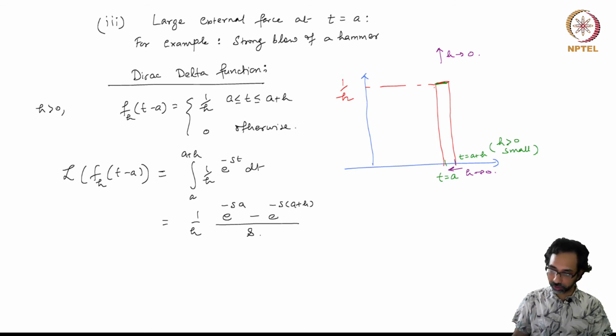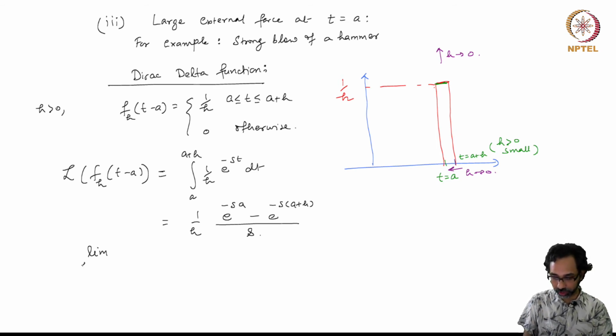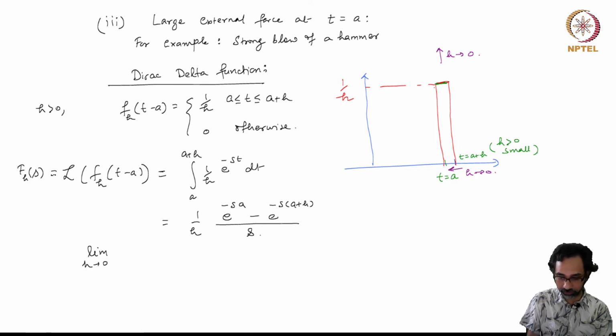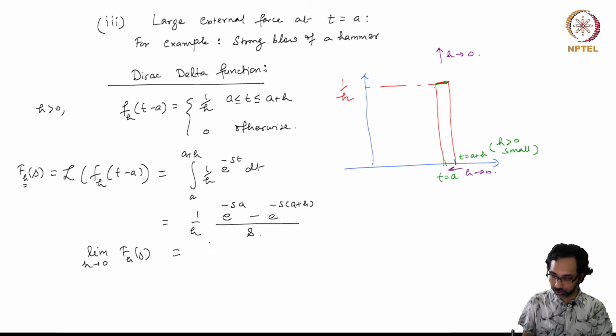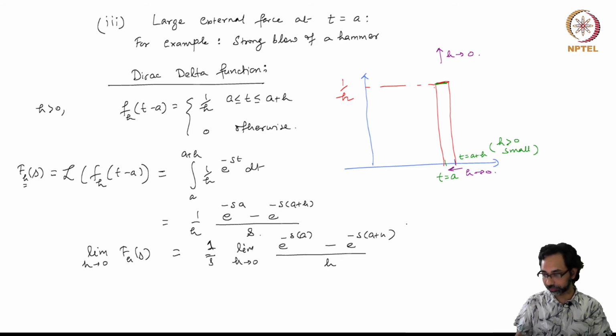And then one can take the limit as h goes to 0 of this Laplace transform. Let's call this F_h(s). So F_h(s) is nothing but 1 over s times the limit as h goes to 0 of e to the power minus sa minus e to the power minus s(a plus h), over h, and this is nothing but the negative of the derivative of e to the power minus sx.